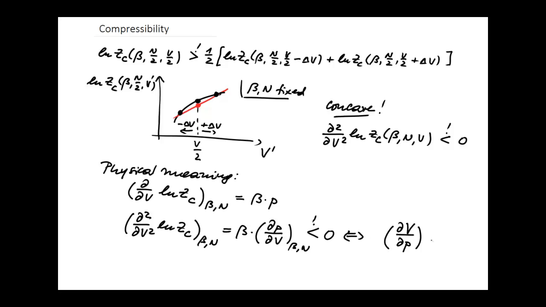Keeping inverse temperature fixed is equivalent to keeping ordinary temperature fixed, at fixed T and particle number, that this is also less, and in this case possibly equal to 0, because the partial of pressure with respect to volume must be strictly smaller than 0, but it can in principle approach minus infinity.